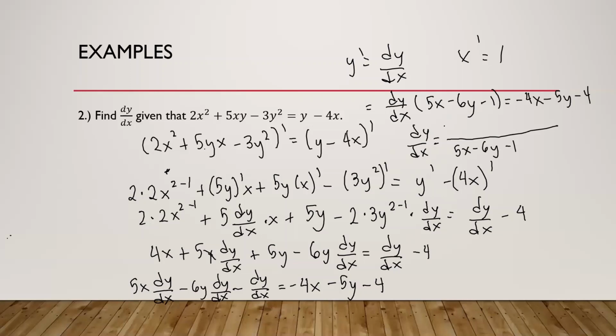Tapos, sa right side naman ay magiging numerator. So, pag ganito ang sistema nito, yung right side na po, yun yung numerator niya. Samantalang, ang cofactor ng dy over dx, yun yung magiging denominator. So, dividing both sides by 5x minus 6y minus 1. Okay? So, ibabox ko na to para hindi kayo malito.